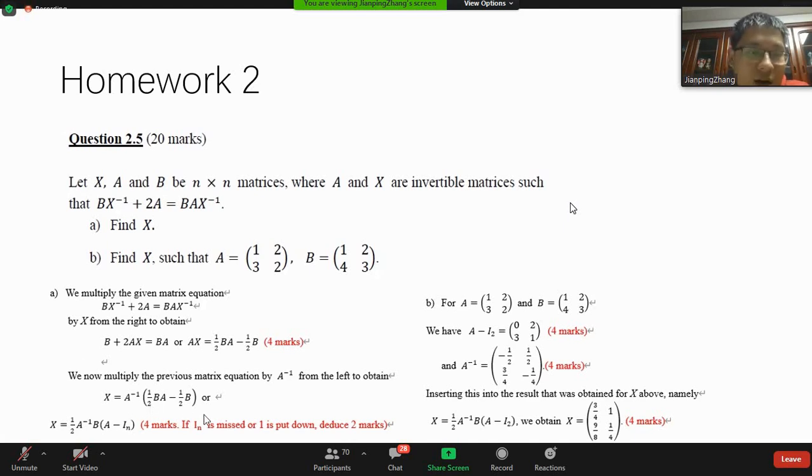And in this part, many students like to wrongly switch the order of multiplication. So please be aware that you do the multiplication step by step.